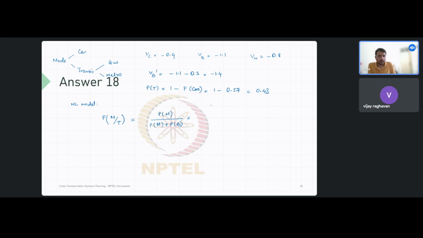So probability of metro will be e power Vm, sorry, e power Vm, correct it.